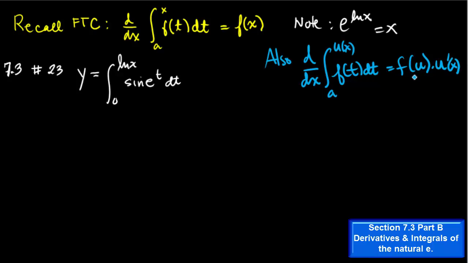So it's really just an application of the chain rule. So that's what we're going to use in this particular case. So I think we're ready to take the derivative.